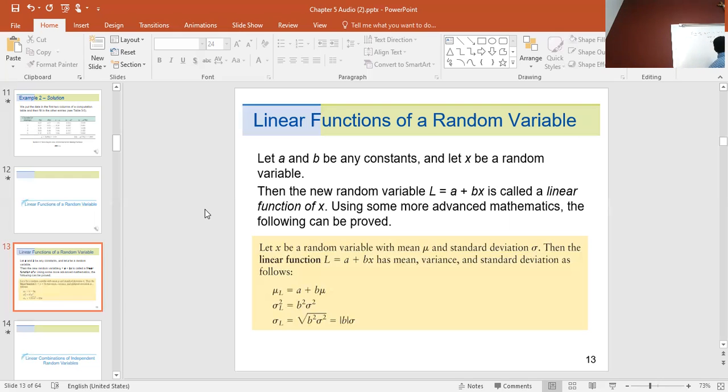And the variance of L is 4 squared times variance of x, which is 16 times. The standard deviation of x is 2, so the variance of x is 2 squared, which is 4. 16 times 4 equals 64. And the standard deviation of L will be square root of 64, which is 8.